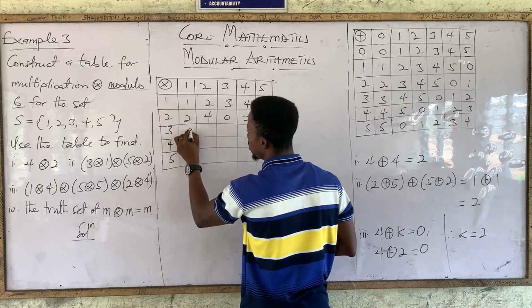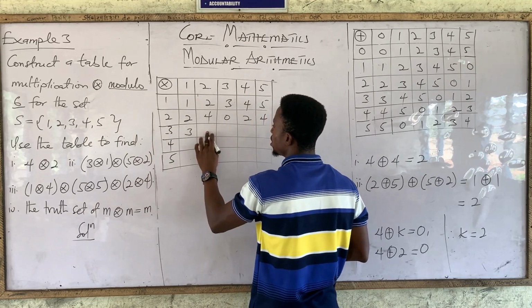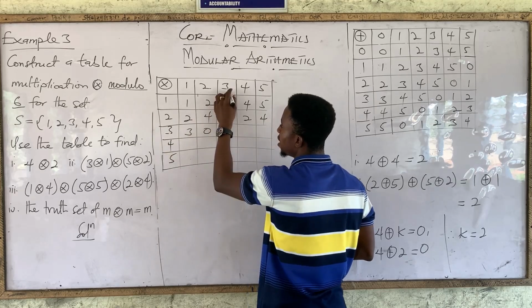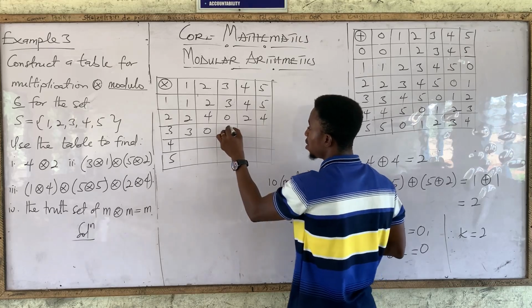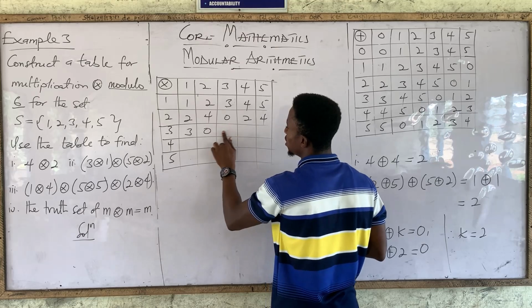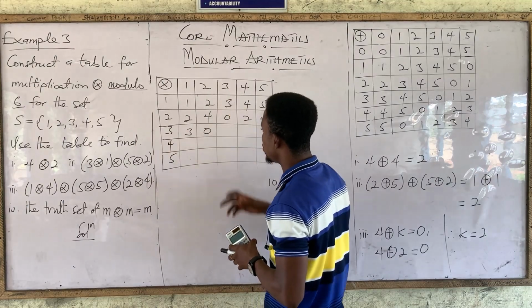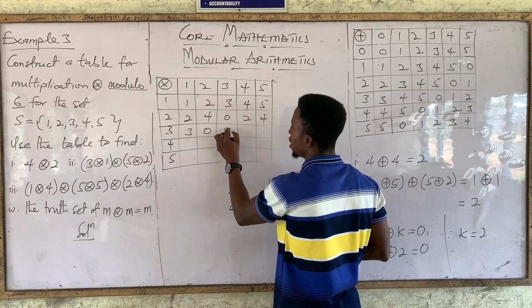3 times 1 is 3. 3 times 2 is 6, in modulo 6 is 0. Then 3 times 3 is 9. 9 modulo 6 is 3.